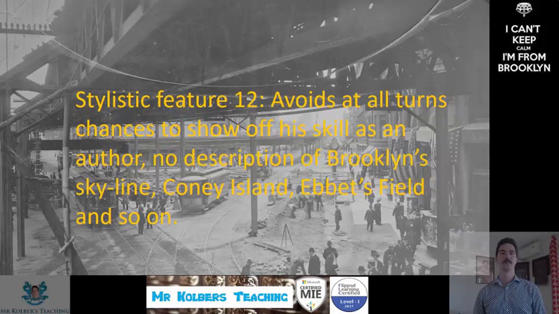Number 12 is more of a broader one, but he avoids at all turns chances to show off his skill as an author. There's no description of Brooklyn skyline, Coney Island, Ebbets Field, and so on.